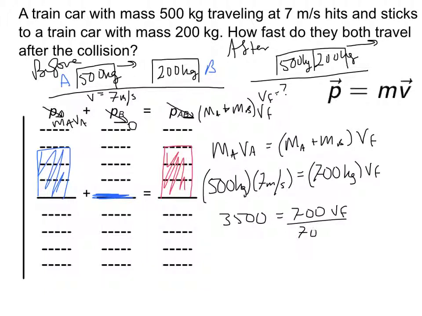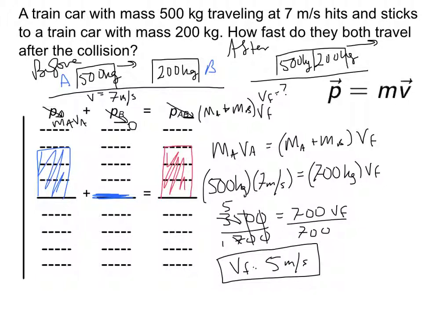Divide both sides by 700. Zeros cancel out. You can factor out a 7. That will become 1. That will become 5. So the final velocity is equal to 5 meters per second. And box your answer.